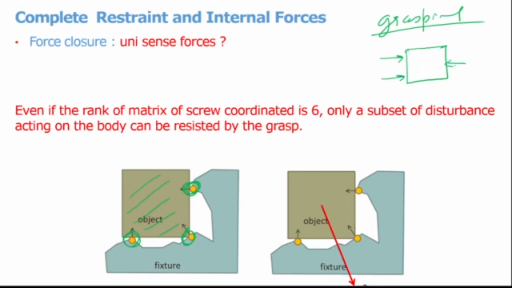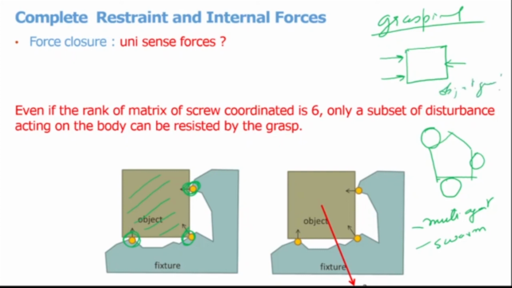Or let's look at an object with multiple mobile robots: 1 robot is here, 1 robot is there, 1 robot is there. This is a multi-agent swarm. They all mean the same thing. This is just simple object grasping. The theory and the maths is the same.